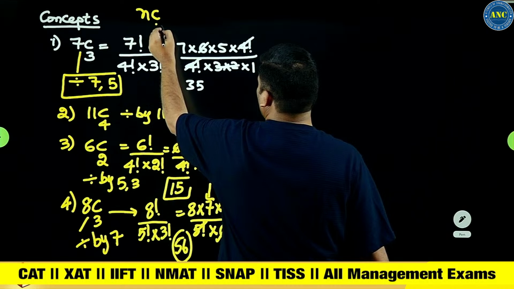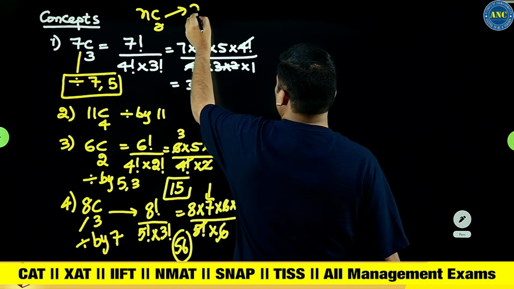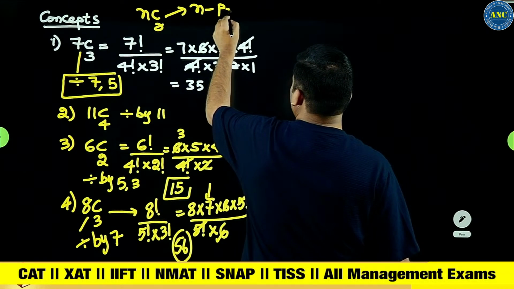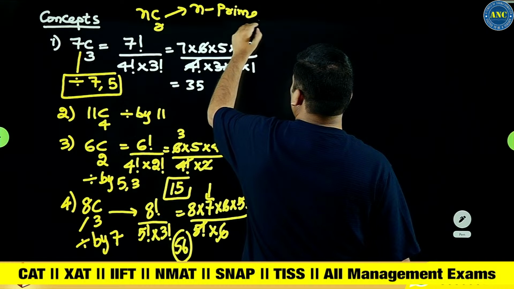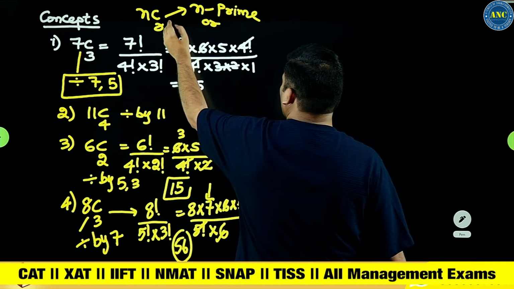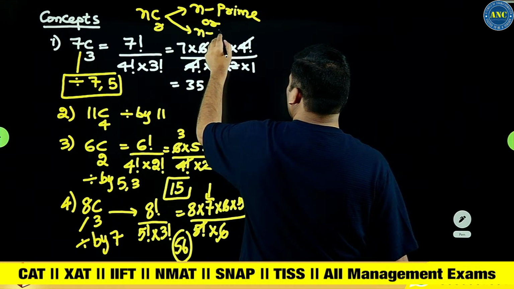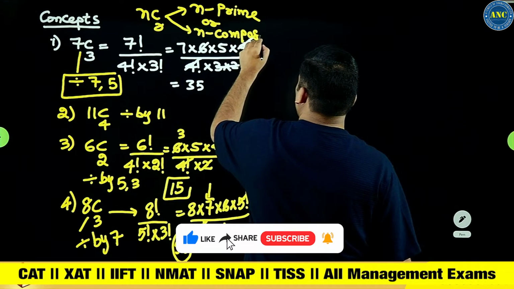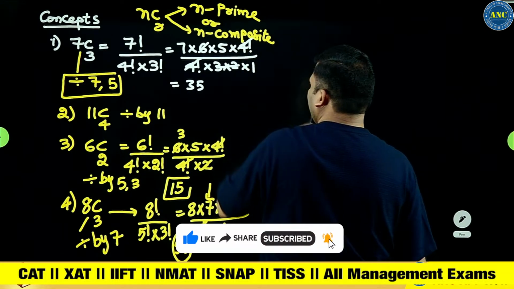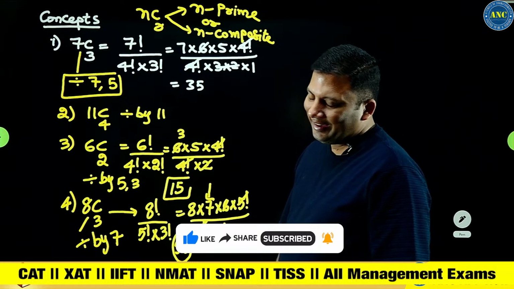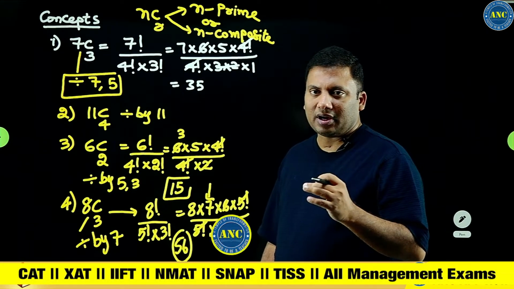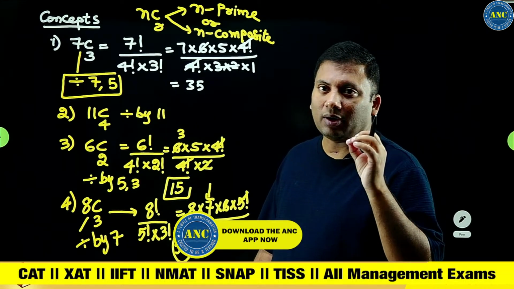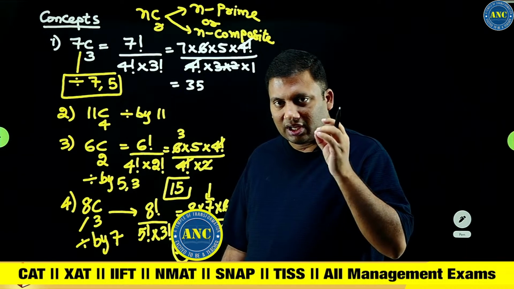Only 2 cases will be there. In nCr related problems, n can be a prime number or n can be a composite number. Idea clear? Every topic, not a single doubt you will get in the class.